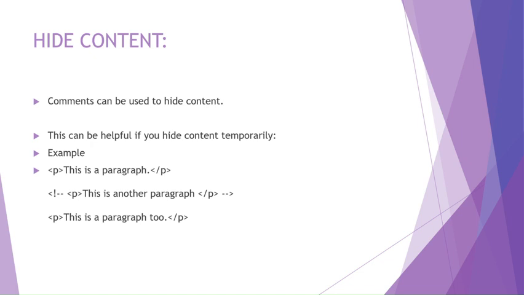So there are three paragraphs here, but one of them is not correct, so they just put a comment tag over here. Let us try it in our Visual Studio Code.